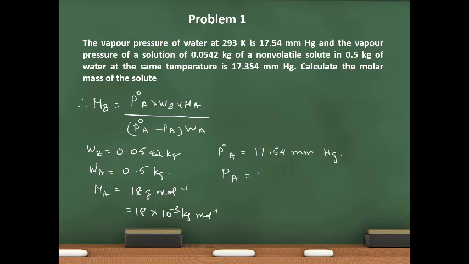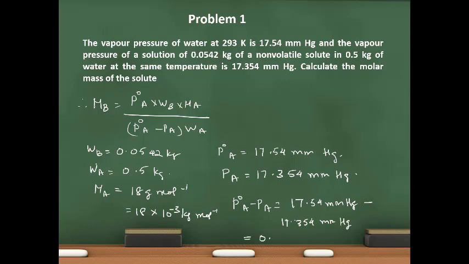Pa is equal to 17.354 millimeter mercury. So P naught A minus Pa is equal to 17.54 millimeter mercury minus 17.354 millimeter mercury, which is equal to 0.186 millimeter mercury.